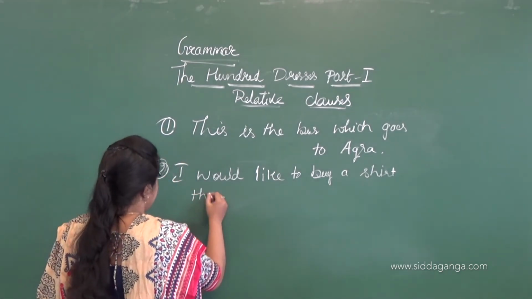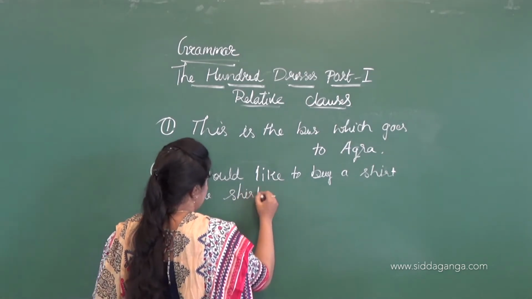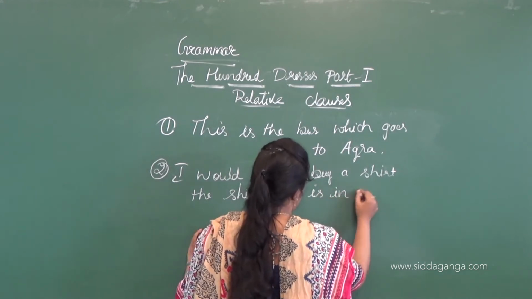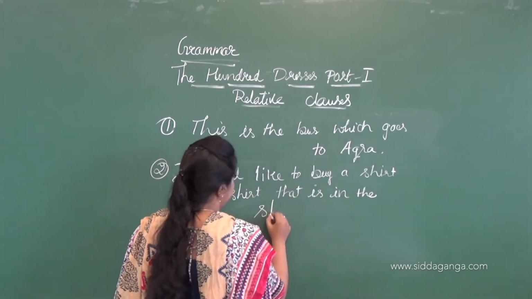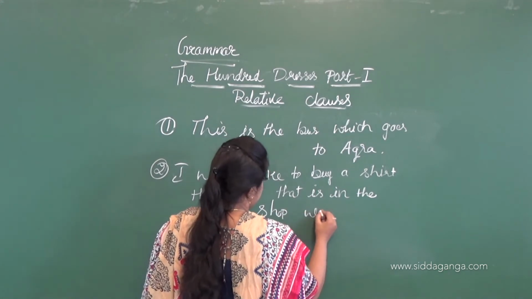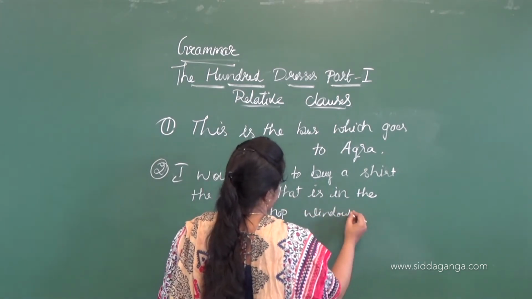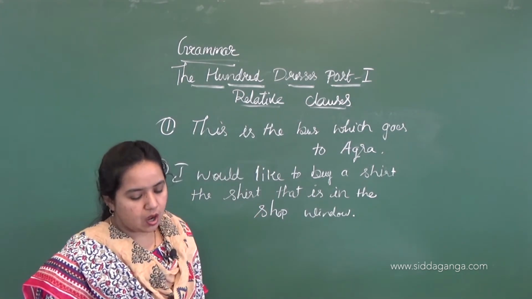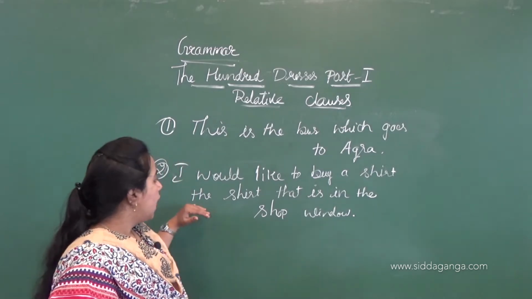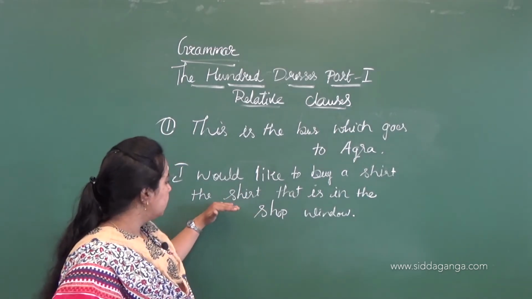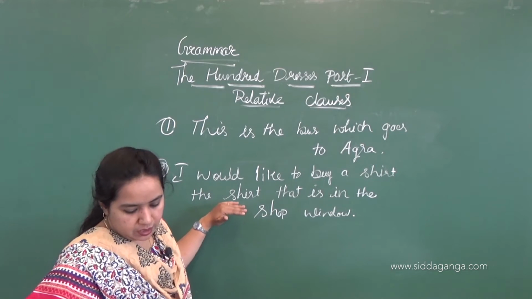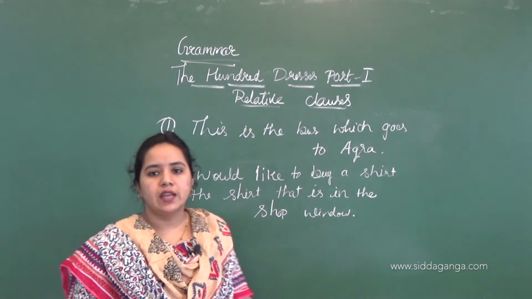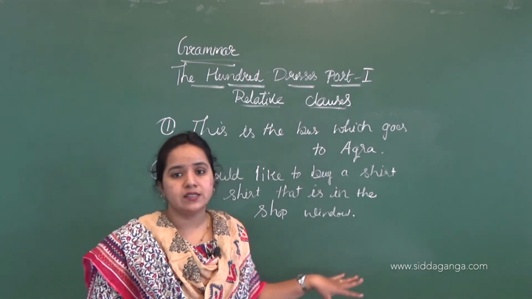So, I would like to buy the shirt that is in the shop window. That is how we use a relative clause in a sentence.